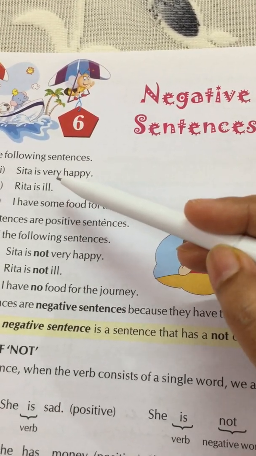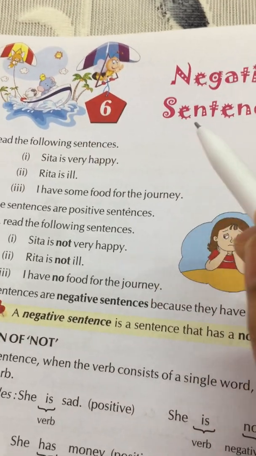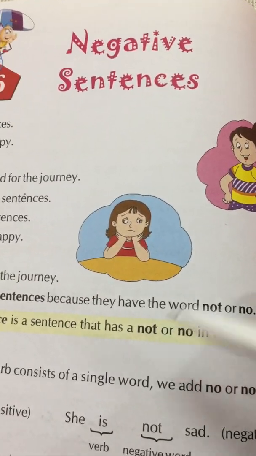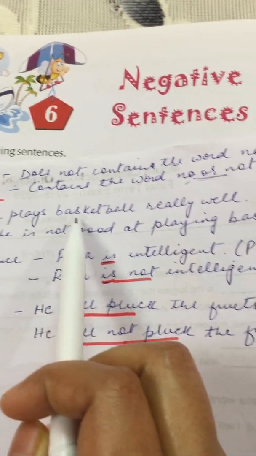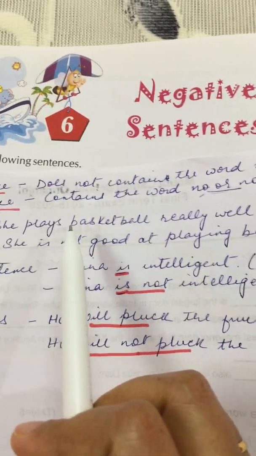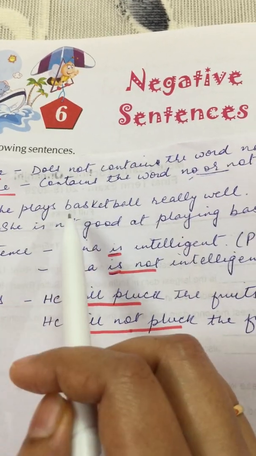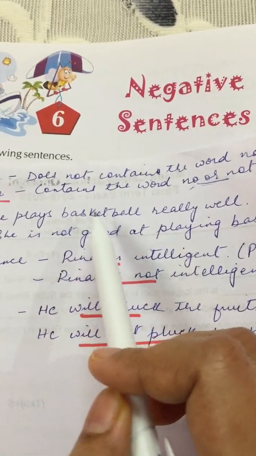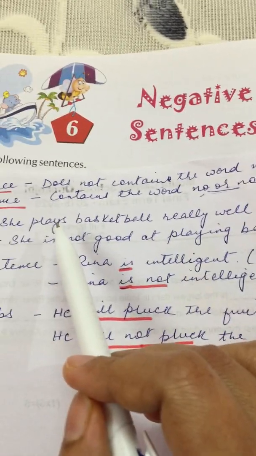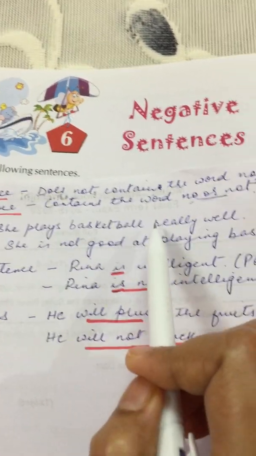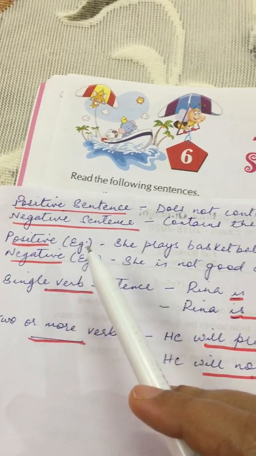A positive sentence does not have the word no or not, and a negative sentence contains the word no or not. For example, she plays basketball really well. Now children, can you find out the word no or not in this sentence? No, it is not there. So it is a positive sentence.